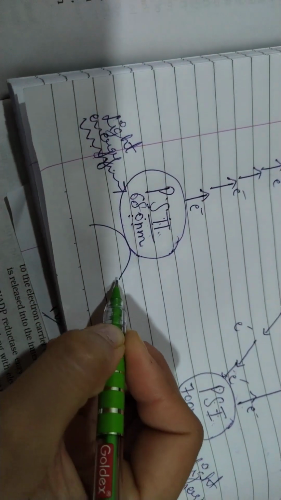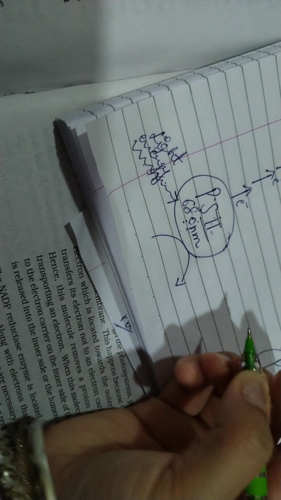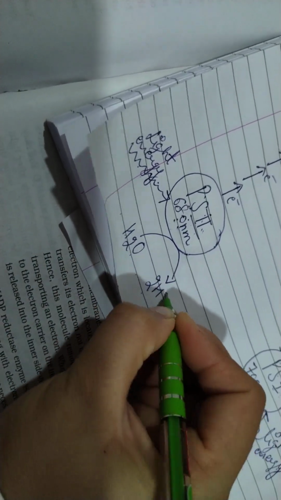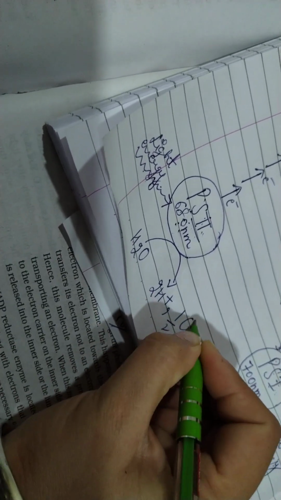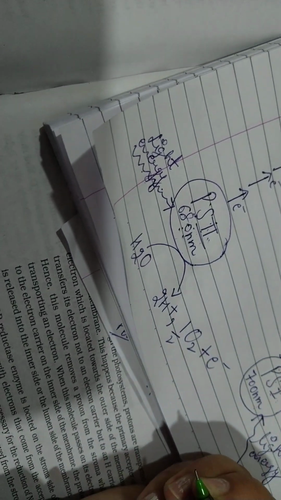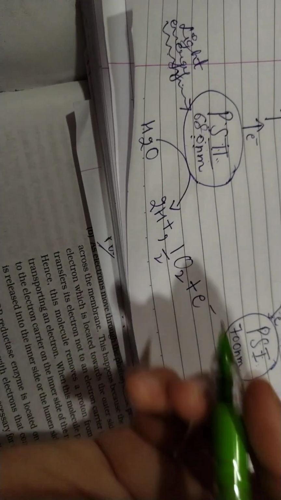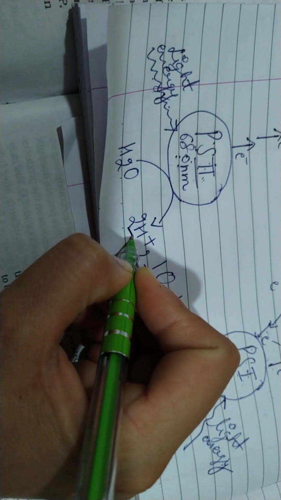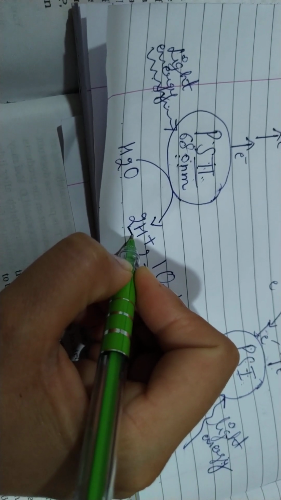So what happens in photosystem 2? Water is going to convert into hydrogen ions, oxygen, and electrons. This hydrogen is responsible for the synthesis of glucose.